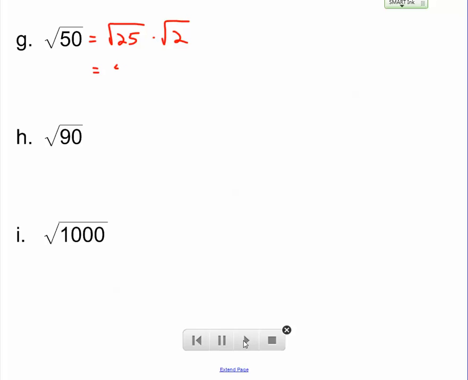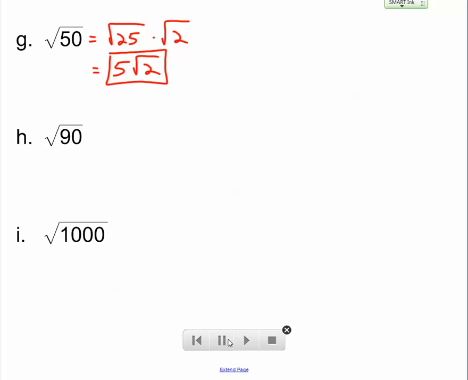The square root of 25 is 5. There, I'm done. Okay, so this number that's inside the radical, this 2, cannot be divisible by any perfect squares, and it's not. It's not divisible by 4 or 9 or 16 or 25 or 36, so I know I'm done.